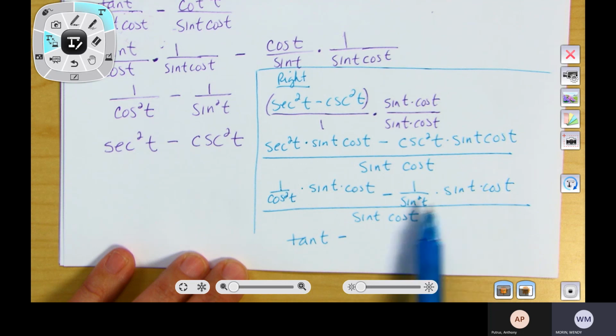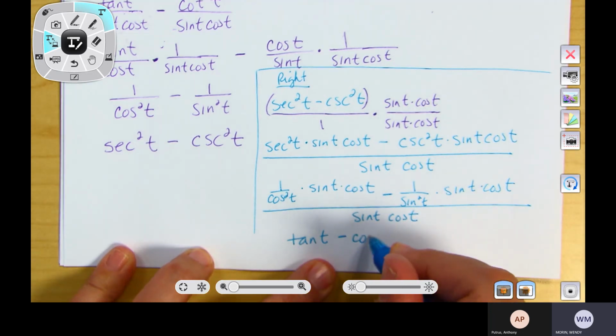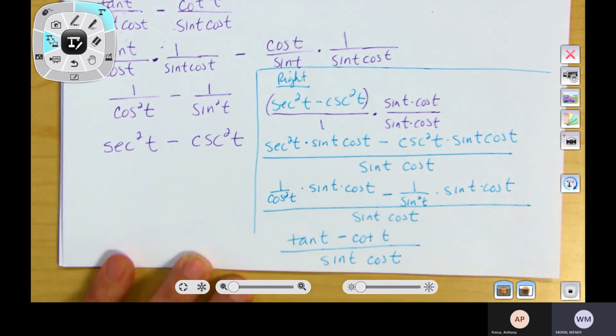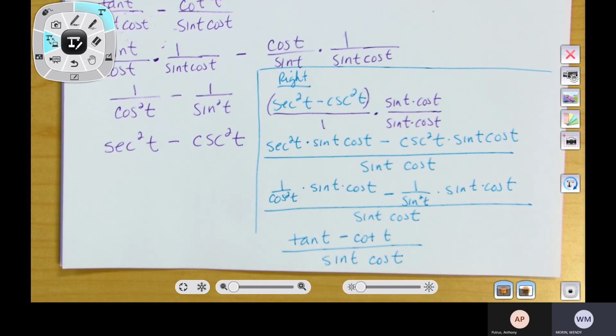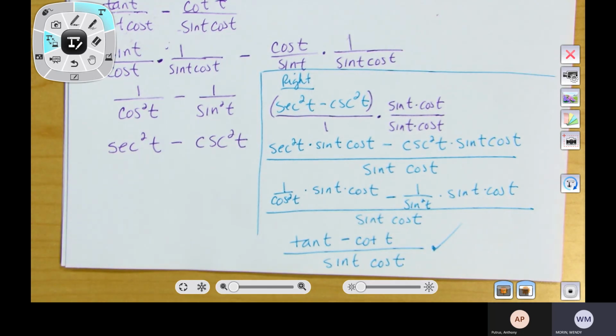Cosine over sine, which is cotangent. And we just made our right side look like our left. So we're done. Now again, maybe you approached it differently and got to the same result. That's okay.